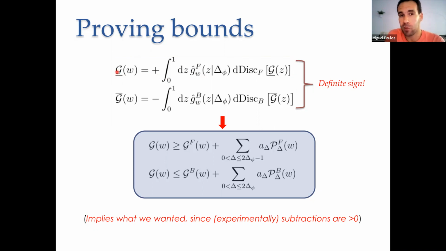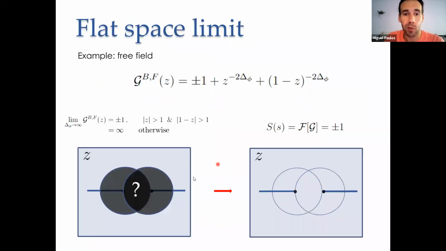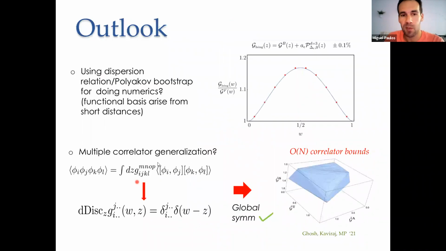Like certainly to get these bounds, we see that it is the most efficient way. If you want to get bounds on correlators, this is the way to do it, not to use the other bases. The other bases will take longer to converge. And also, it might be easier to work with because you just have this function of two variables, and then maybe it's easier to compute these functional actions. It might be easier to generalize to multiple correlator setup also. Maybe the functionals in this case will be very complicated, and maybe it's easier just to impose that this dispersion relation holds.